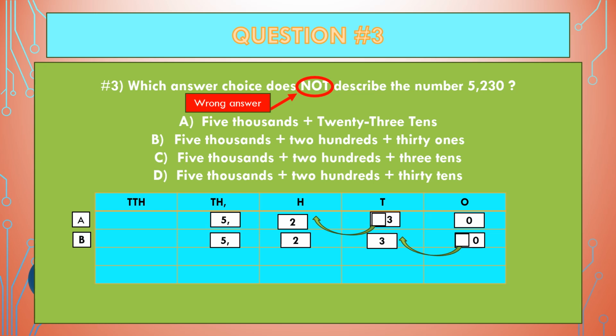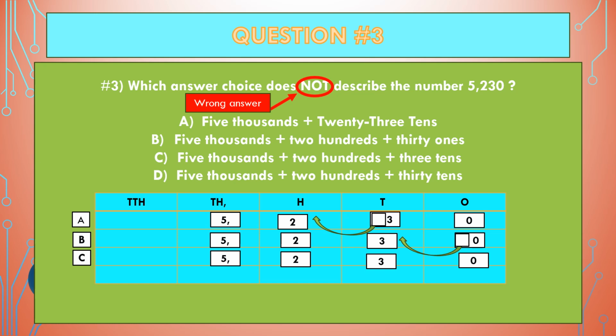Well, it cannot be answer choice B because that also equals 5,230. Let's move on to answer choice C. So we have 5,000s, 200s, 3 tens, and 0 ones. Well, answer choice C also is equivalent or equal to 5,230.